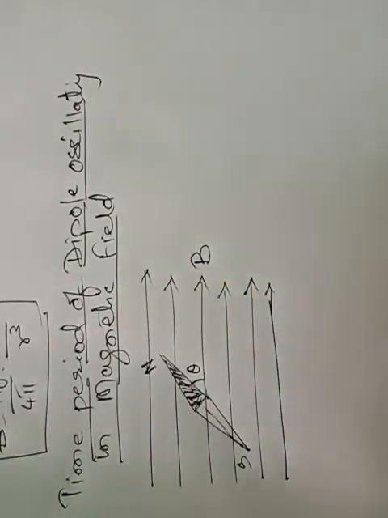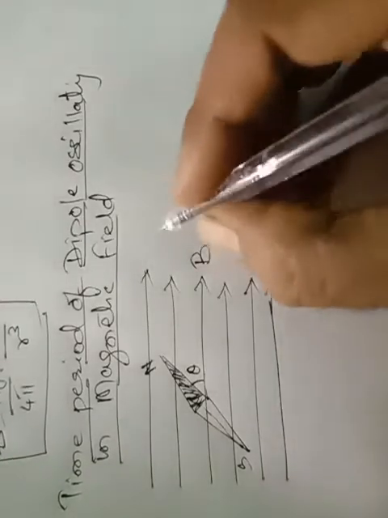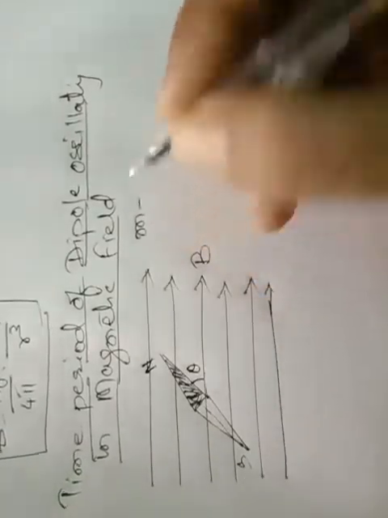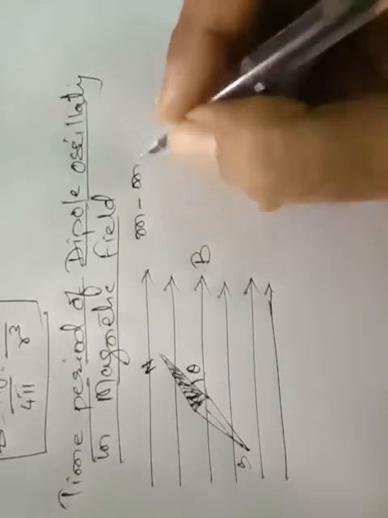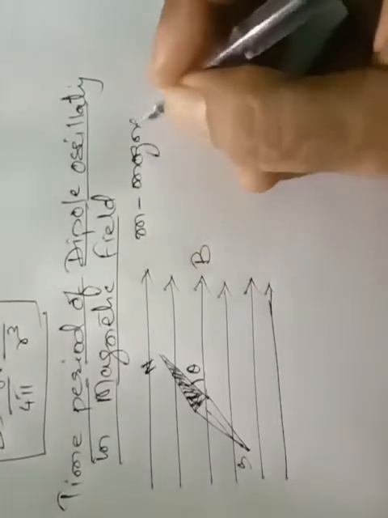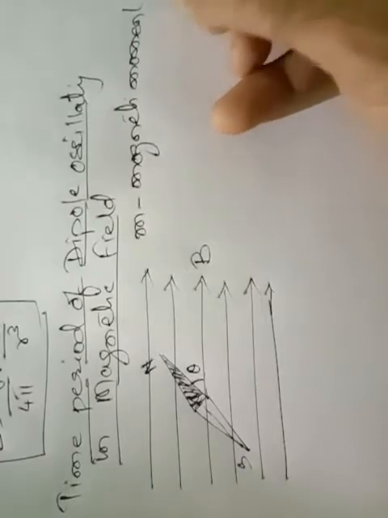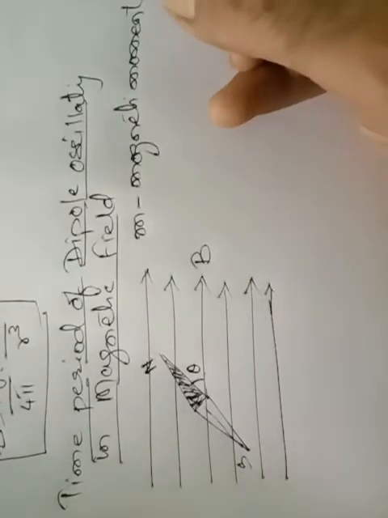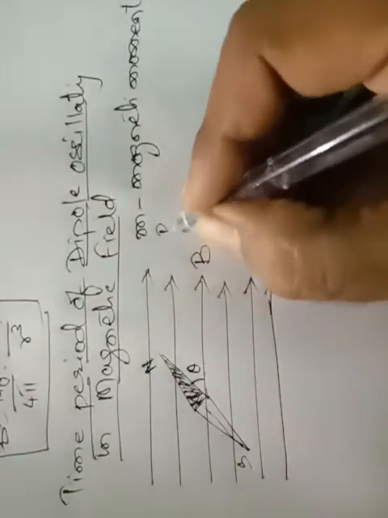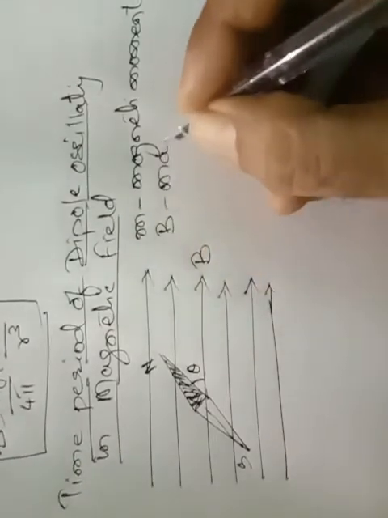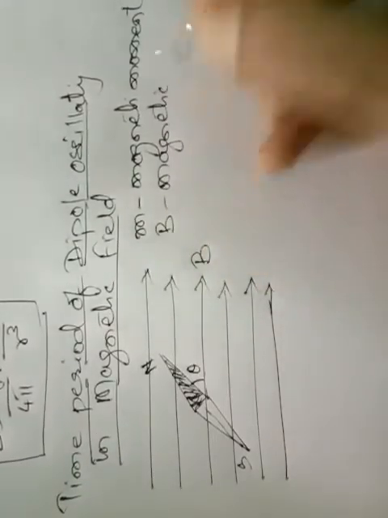So we will consider that m is the magnetic moment kept in an external magnetic field, and B is the magnetic field.